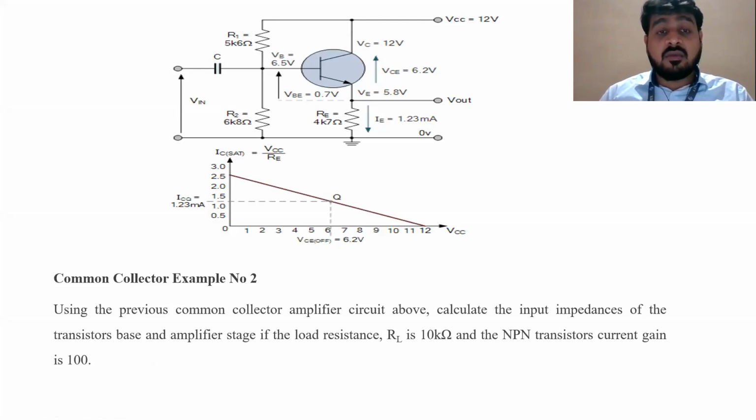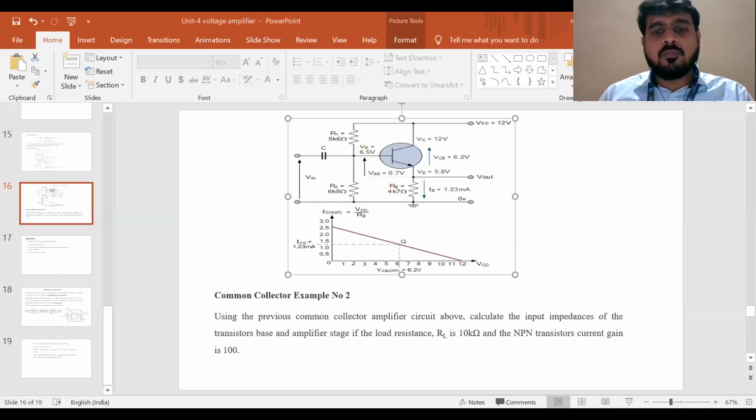What do you mean by input impedance? We have studied impedance and load impedance. There is only one input impedance formula we can find out directly. Input impedance is related to the bias resistance, where the resistances are in parallel.